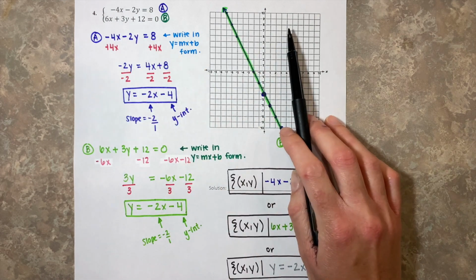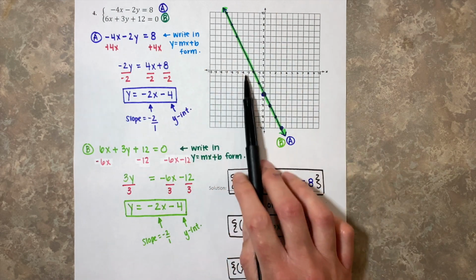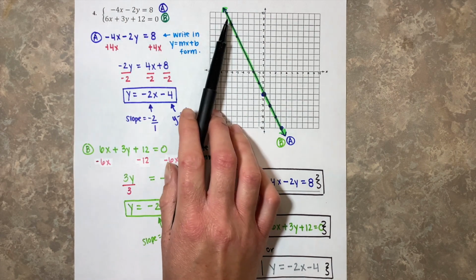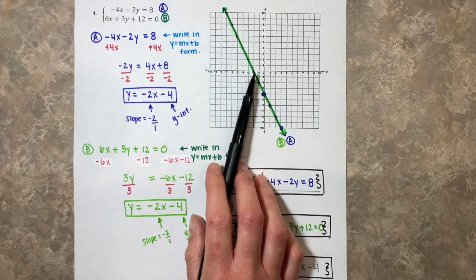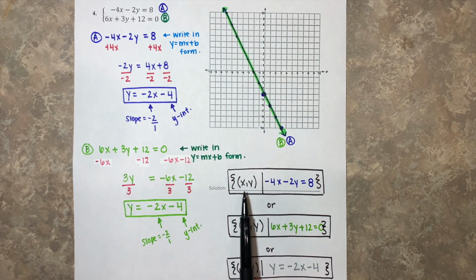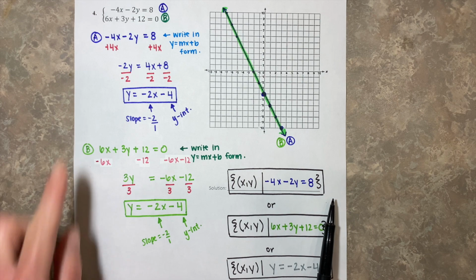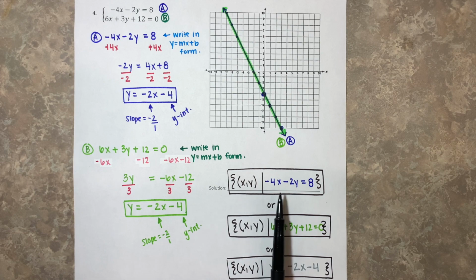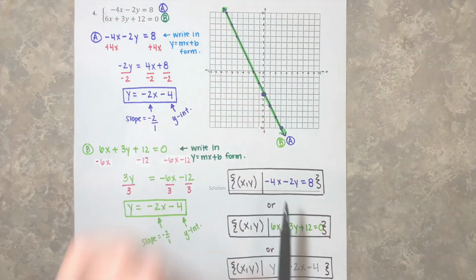For example, any ordered pairs outside of the line are not solutions to this system. The only solutions to this system are the infinitely many points along this line. So this notation says exactly that. This notation says that the solution to this system of equations is the set of all ordered pairs that lie on this line.